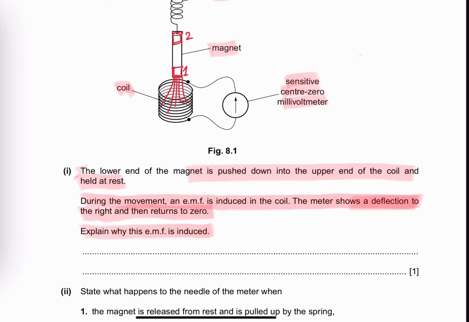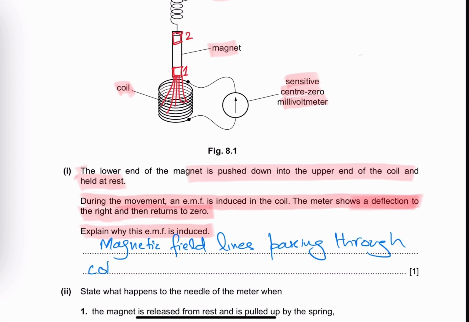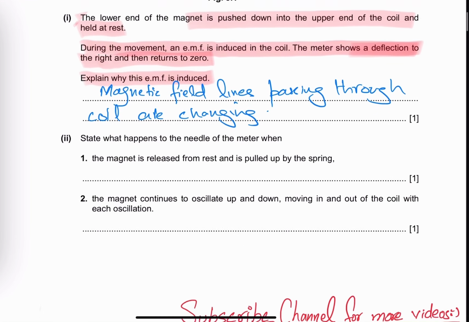So basically the answer should be: magnetic field lines passing through the coil are changing. That will produce the EMF.